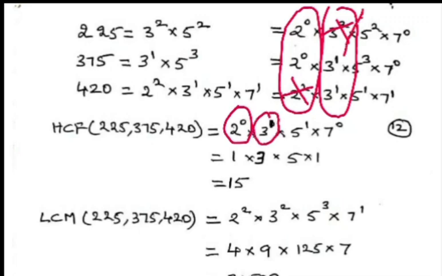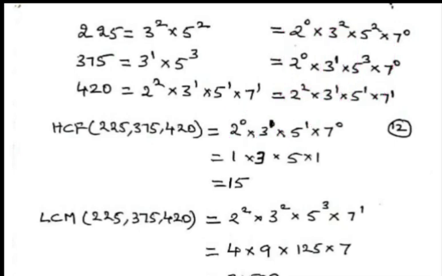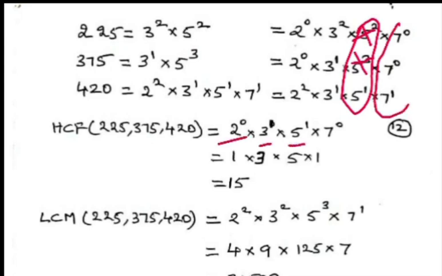Now 5 square, 5 cube, and in this one 5 power 1 is considered, the least one. So 2 is not taken, 5 power 2 and 5 power 3 are not taken, only 5 power 1 is taken, and 7 power 0 is considered. Now we have found the HCF is 15.